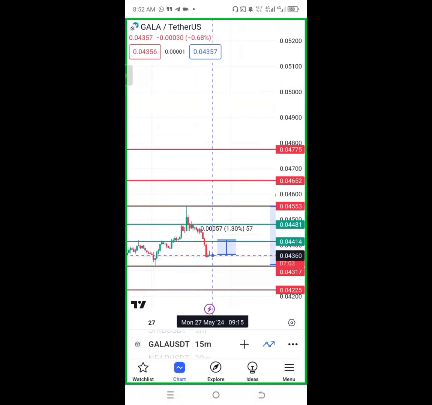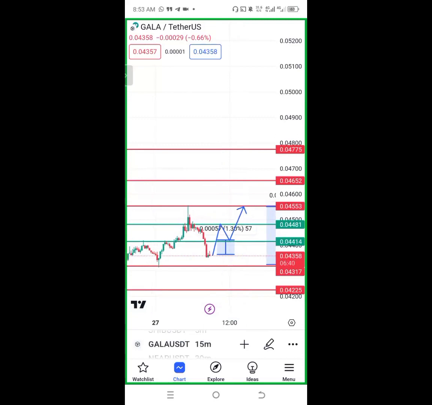If it was to rise, it will go here and either reverse back, or it will go past this point. Go past mini resistance 1, and then it goes past mini resistance 2, and then it will hit your profit. Okay, that's the first scenario.